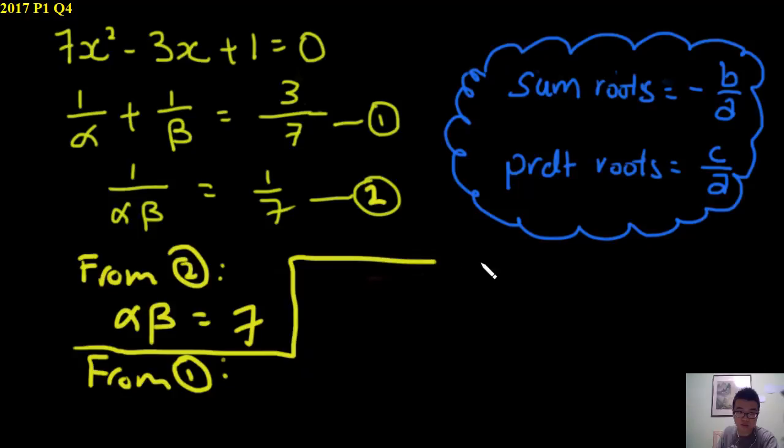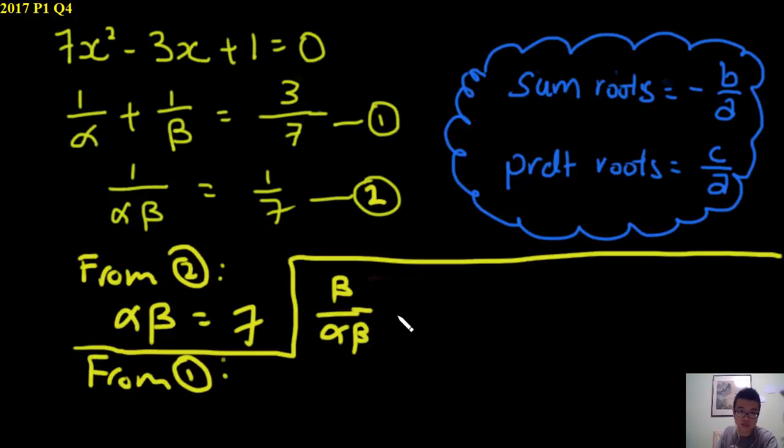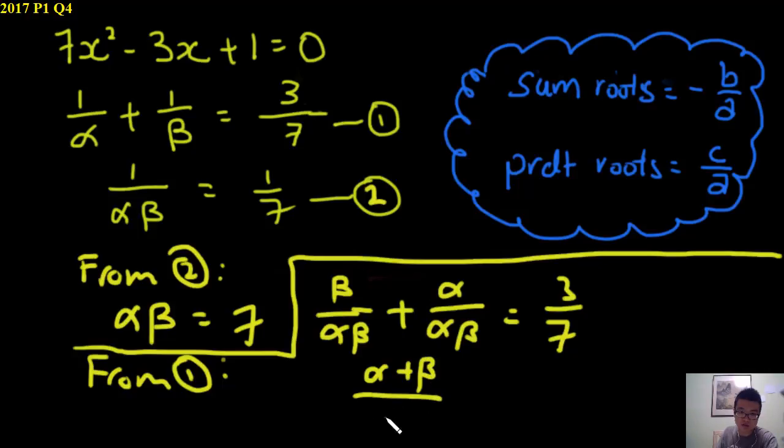Okay, let's give some space. 1 over alpha plus 1 over beta, so you try and make the denominator the same. This is a very common way of doing things. So quickly you get alpha plus beta over alpha beta is equal to 3 over 7.